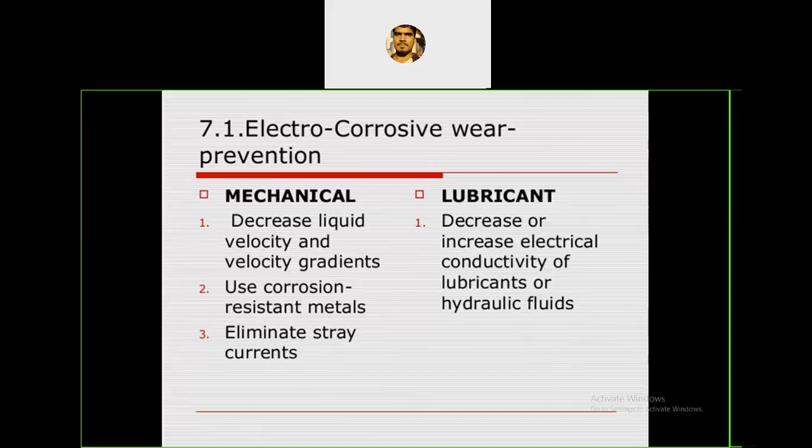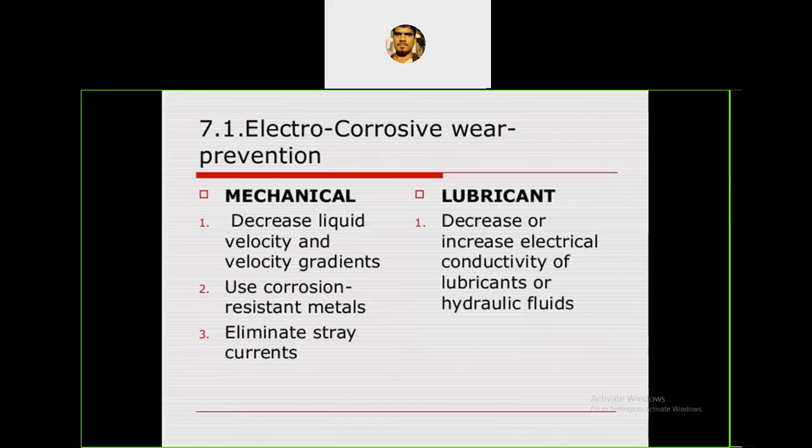Second, use corrosion resistant materials, obviously, and eliminate the steady current. You have to reduce the steady current on the elements. You are already clear what eddy current is. If the current is there, it will start losing its ions or atoms. That we have to reduce. For the lubricant, decrease the electric conductivity of the lubricant, such as hydraulic fluids.